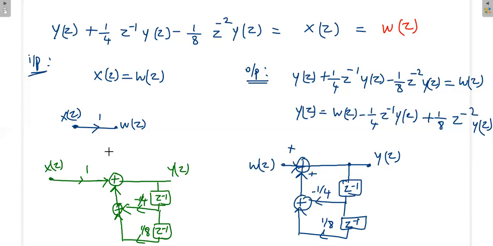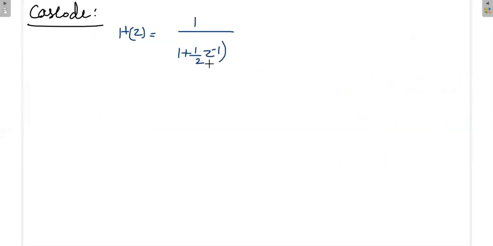Okay. The next is realization of cascade form. So what is given: H of z is equal to 1 plus 1 by 2 z inverse, 1 minus 4 z inverse.